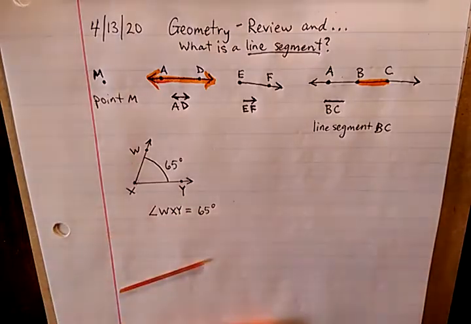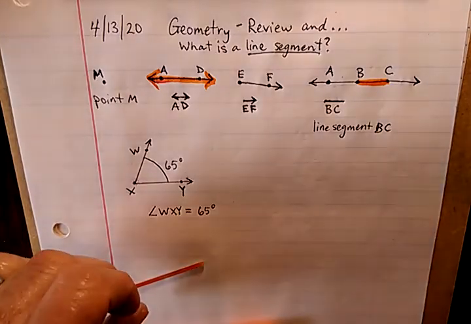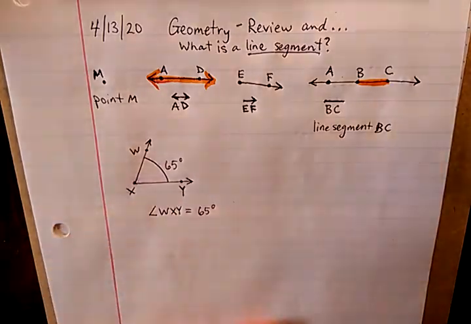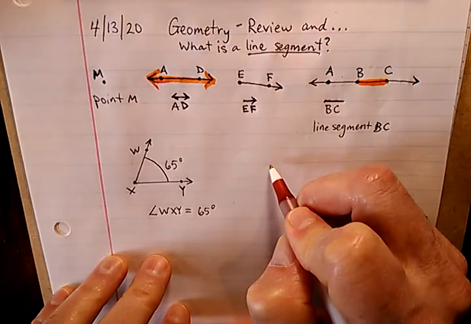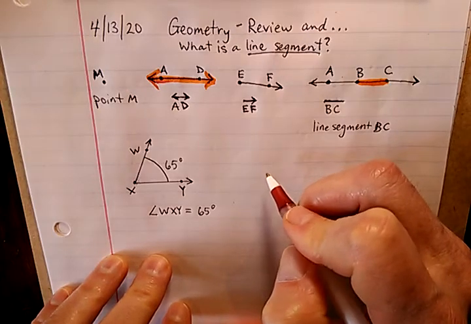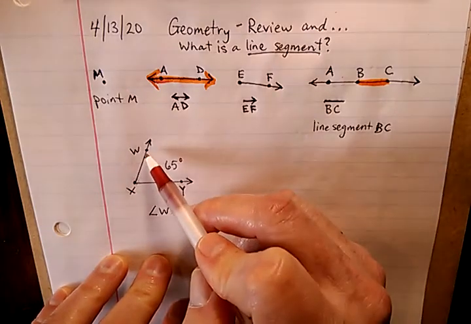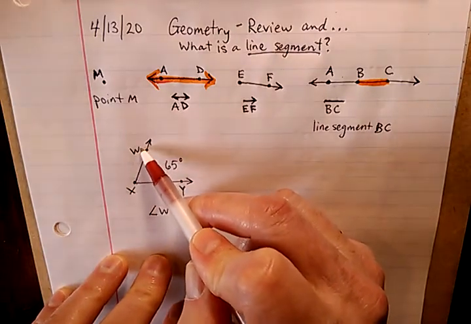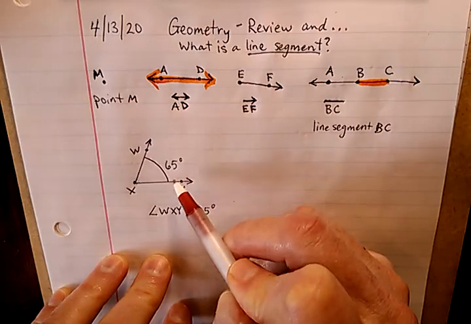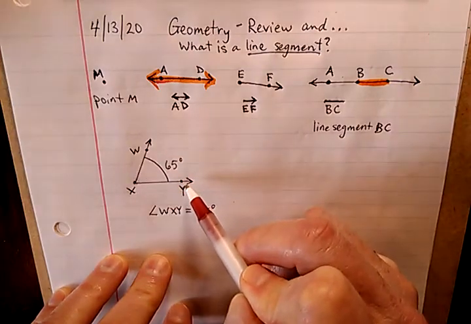Another way to name angles, which was mentioned just briefly in one of the lessons we had previously, is that we can name angles using a number. So many times angles are named using the 3 letters representing 3 points on the angle.